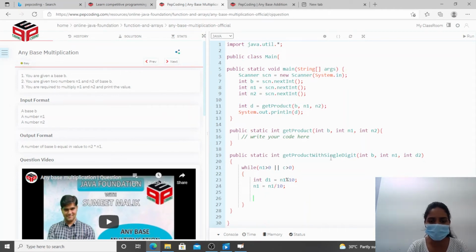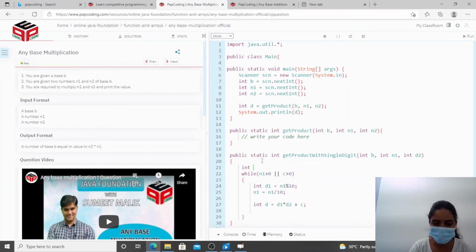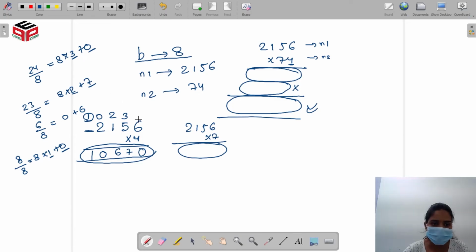Now we have our d1 and our d2. What will be the answer digit? Int digit will be d1 multiplied by d2 plus carry. Initially the carry will be 0, c equals 0.